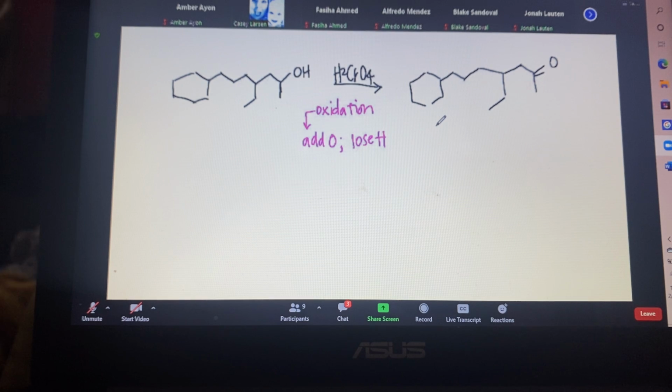So technically that's adding an oxygen, or taking away hydrogen, because you had hydrogen over here. Sorry, let me redraw the double bond, it looks weird. There you go, that's it. So big scary molecule, no problem. Look for the site of reactivity.